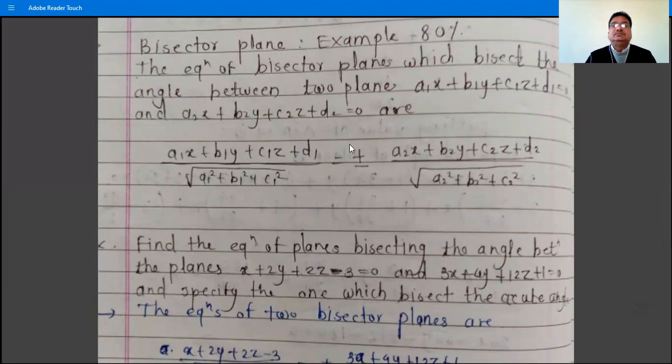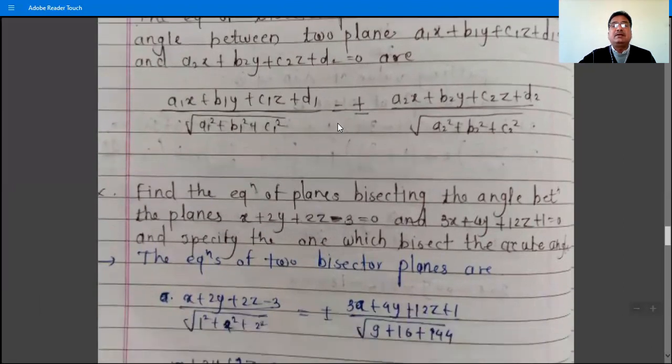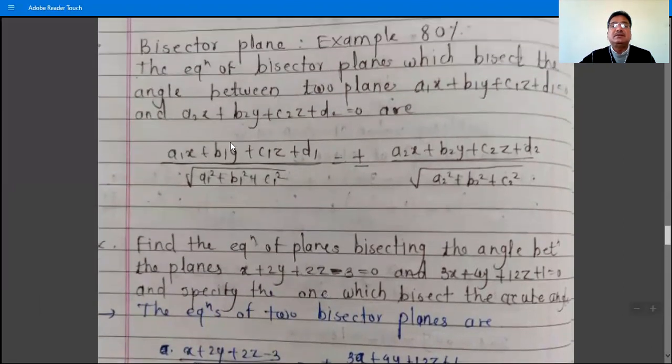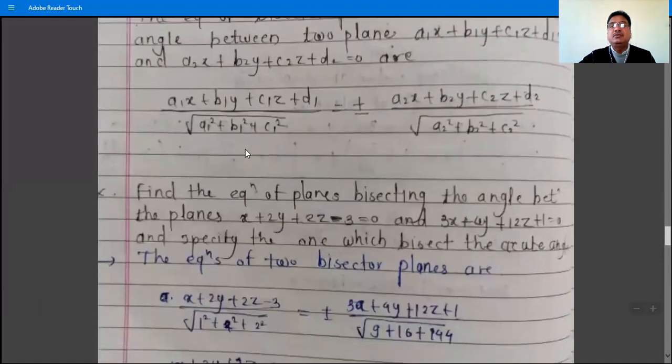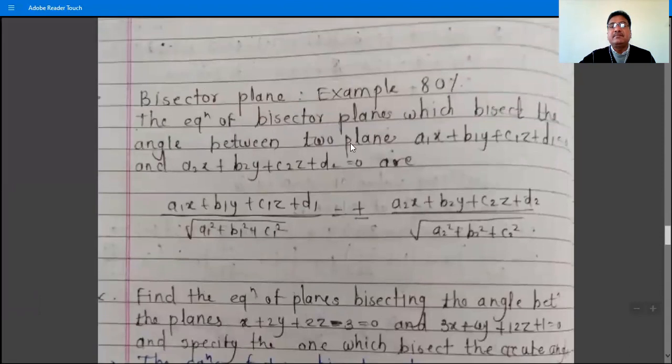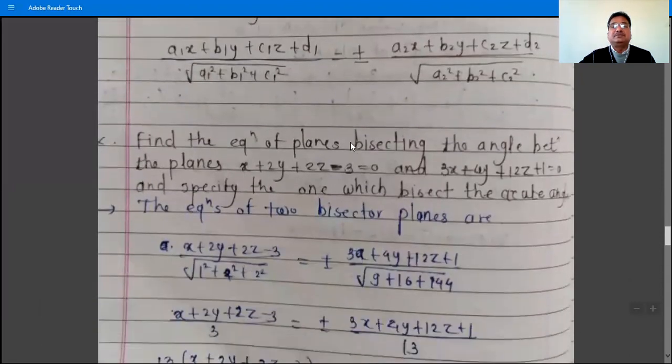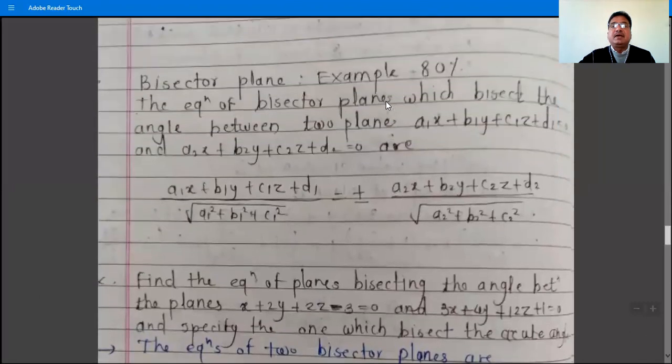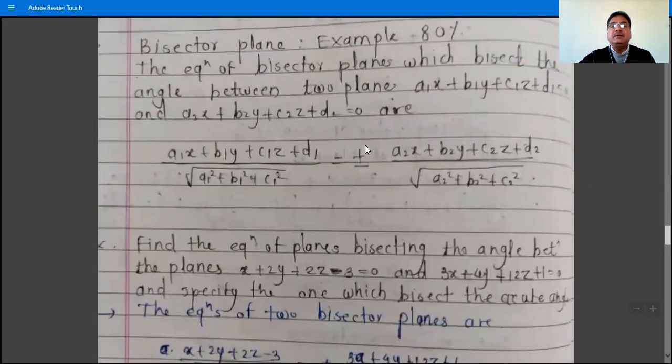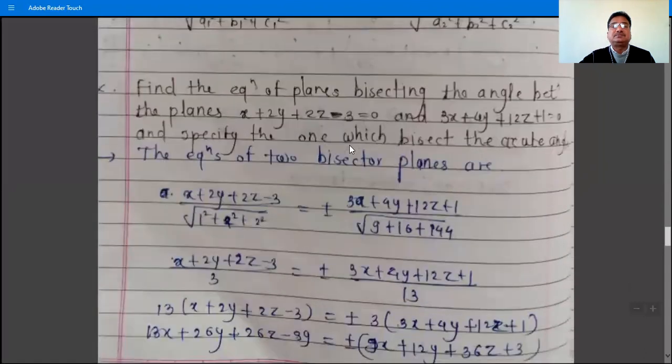So there are two bisector planes that divide the angle between the two planes into two equal parts, and the equations are these, taking the plus sign and the minus sign. We have the two planes which bisect the acute angle and the obtuse angle between the intersecting planes.